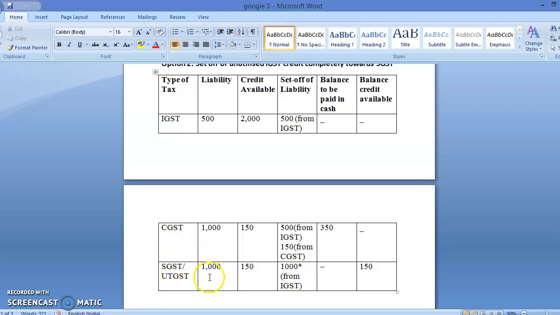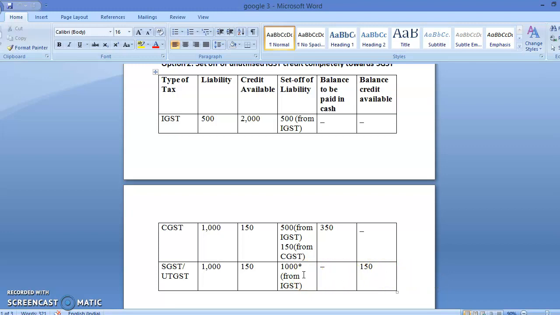SGST liability to be paid is 1000 but credit available is 150, but we have IGST credit available 1500, out of which we can utilize to set off this SGST liability 1000. So still you have the SGST credit 150 balance. Now 500 remains.